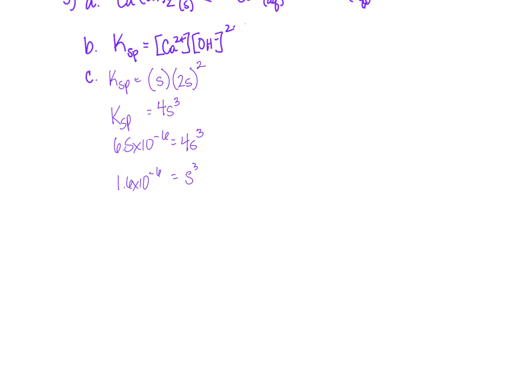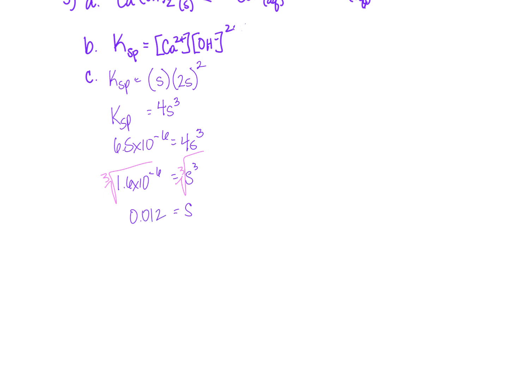And then to get the S by itself, I'm going to take the cube root. If you don't know how to do a cube root on your calculator, I can help you figure that out. Or you can just do 1.6 times 10 to the minus 6 and then raise it to the 1/3 power. That would be the same thing. Okay, so S for this one, if I solve this, is 0.012.